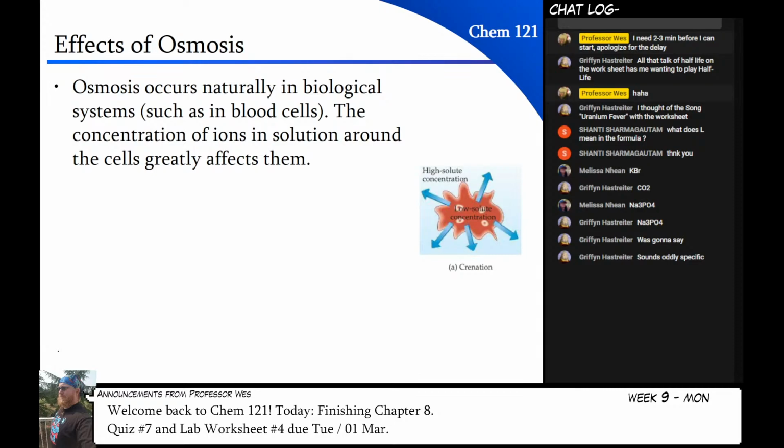What are the consequences of osmosis if the osmotic pressure is handled inappropriately? The first situation occurs if you have a very high solute concentration outside the cell.